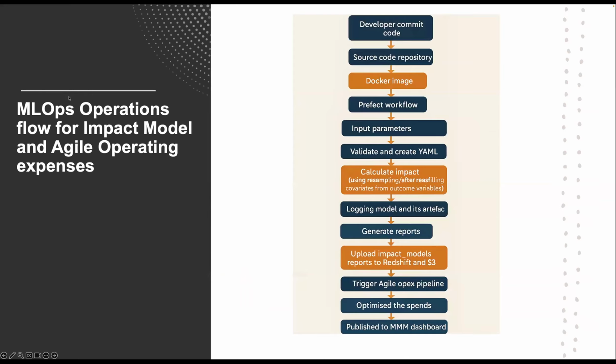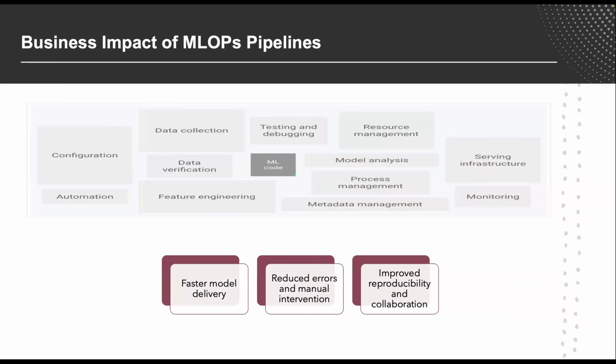Moving forward, what are the major business impacts of these MLflow pipelines? Especially in impact model and agile OpEx, there is automation, process management, and resource optimization. This reduces a lot of manual effort and accelerates model deployment life cycles.